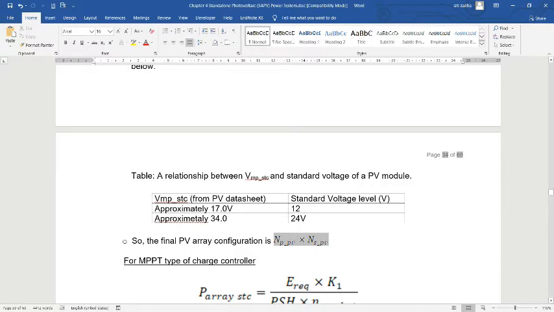So a relationship between VMP-STC and the standard voltage of a PV module. Okay, because we have a very wide range of the VMP-STC. So to match with the charge controller, we have the standard voltage level. So let's say when you check the PV datasheet, the VMP-STC approximately 70 volts. So you choose the standard voltage 12 volt.